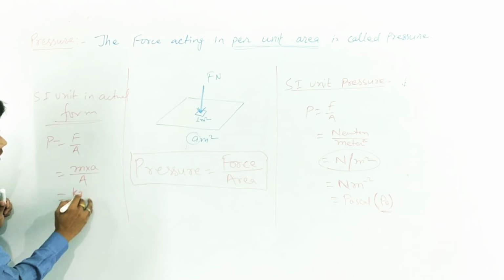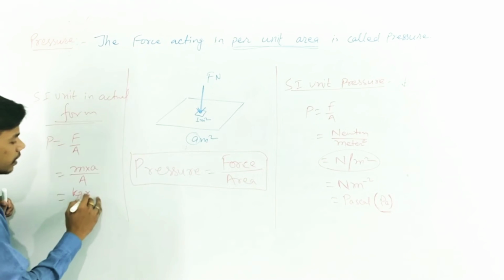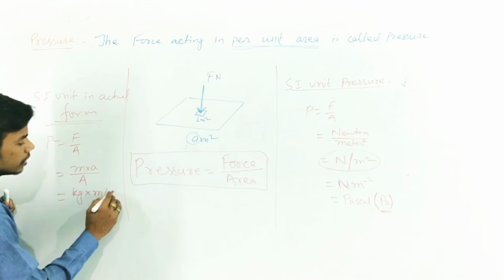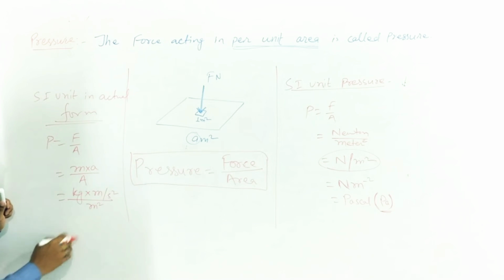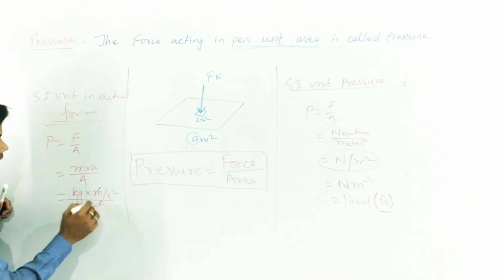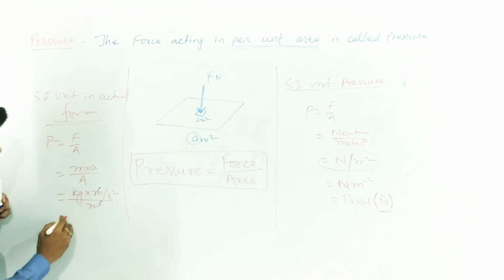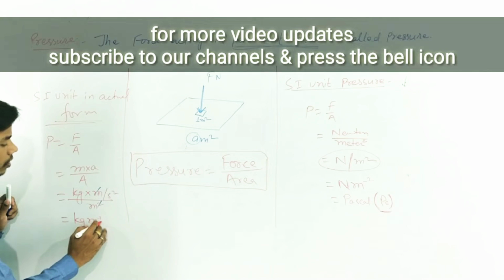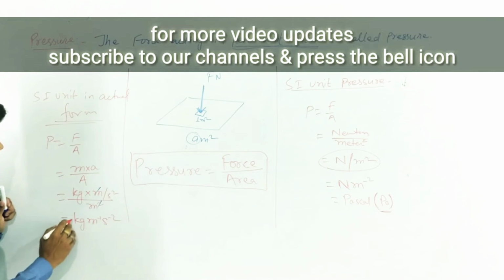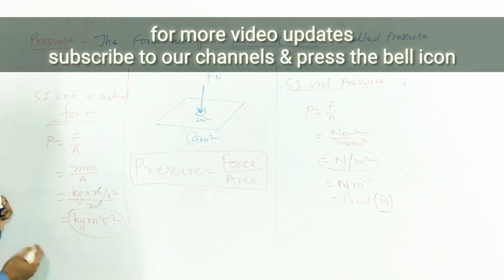So mass is measured in kg, acceleration in meter per second square, and area in meter square. You can cancel this m and m like that. Now you will finally get kg per meter per second square. This is the actual SI unit of pressure.